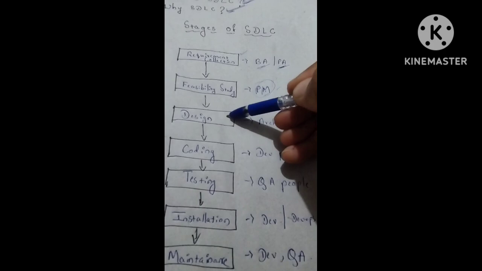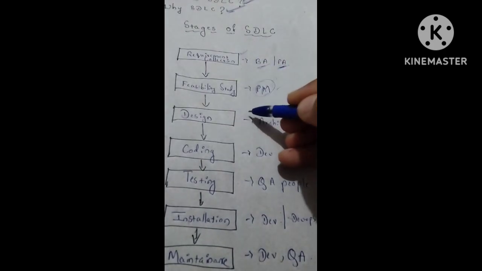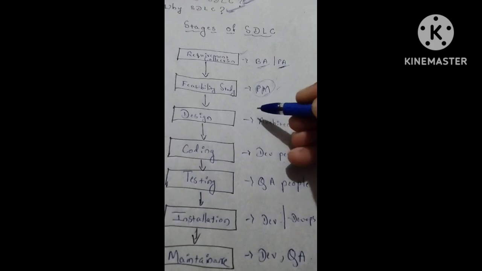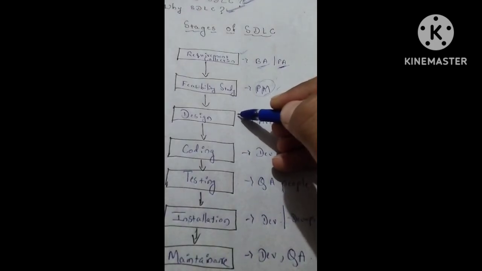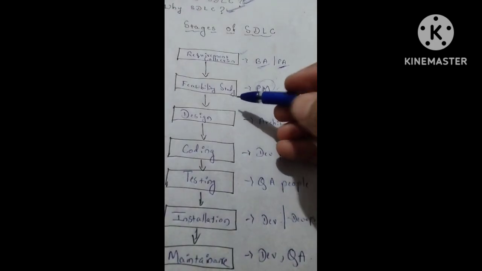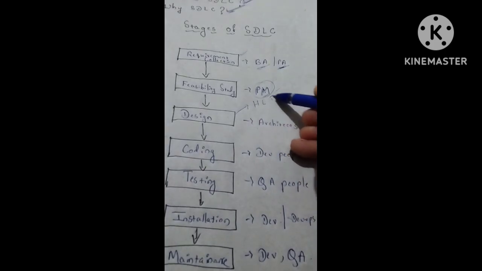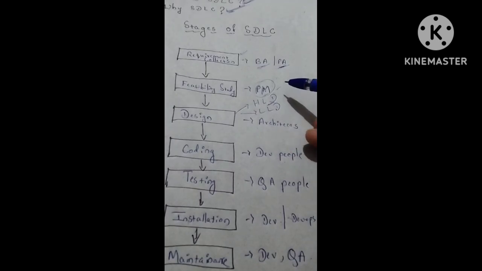Then the third step is design. Under design, we decide what the project modules should look like. Design can be divided into 2 types: HLD, high level design, and low level design. HLD describes the higher level functionalities or modules, and low level design mentions the complete in-depth detail of each functionality or module.